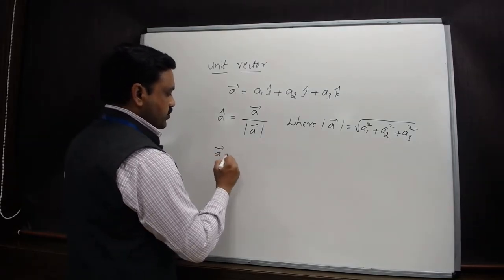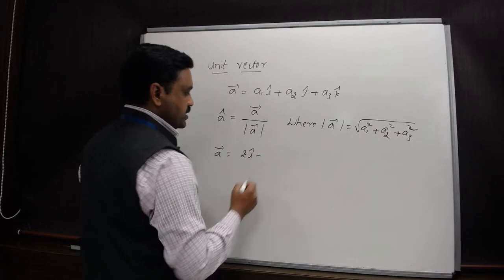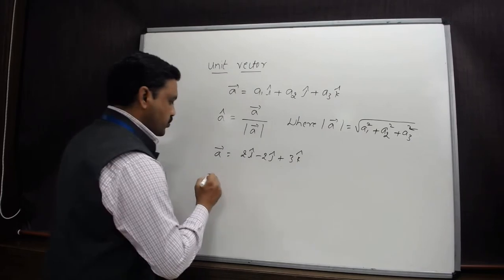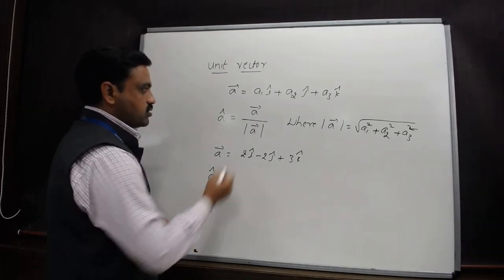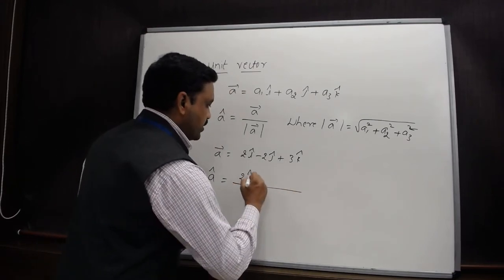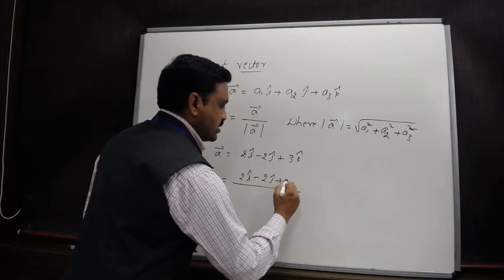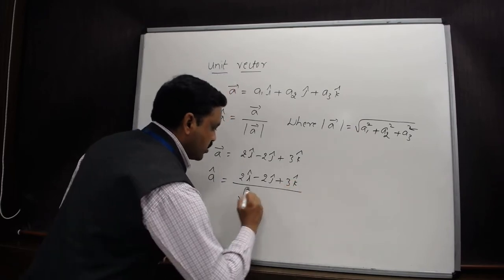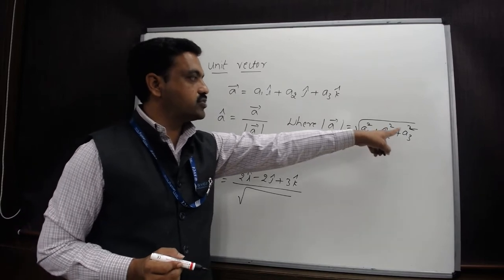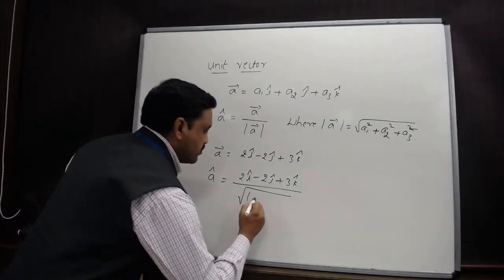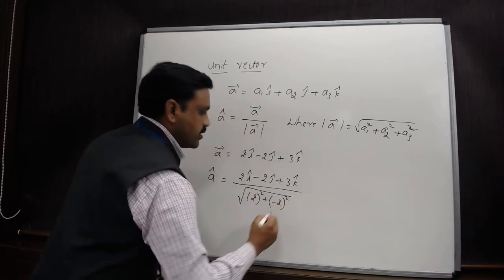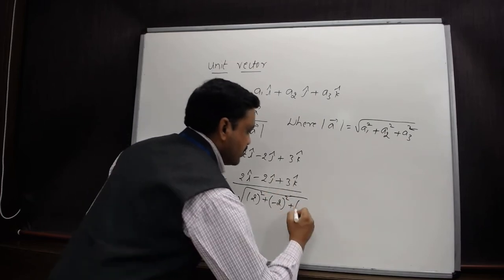Let a be equal to 2i cap minus 2j cap plus 3k cap. So the unit vector of a, that is a cap, according to the formula, is vector a, that is 2i minus 2j plus 3k, divided by the magnitude of a, which is the square root of a1 square plus a2 square plus a3 square. a1 is 2 square plus a2 is minus 2 whole square plus a3 is 3 square.